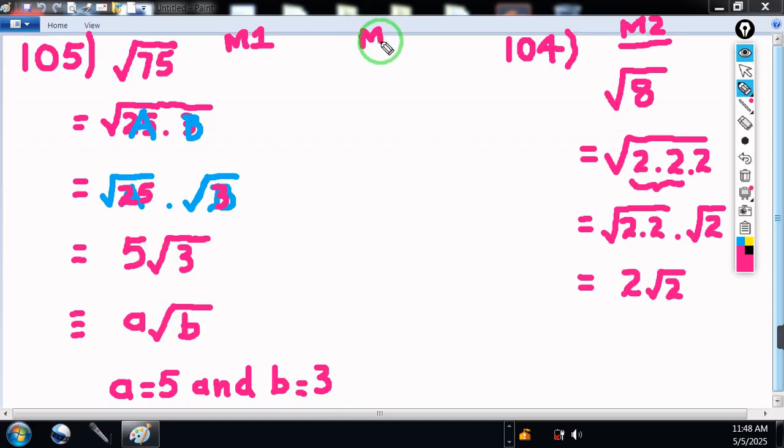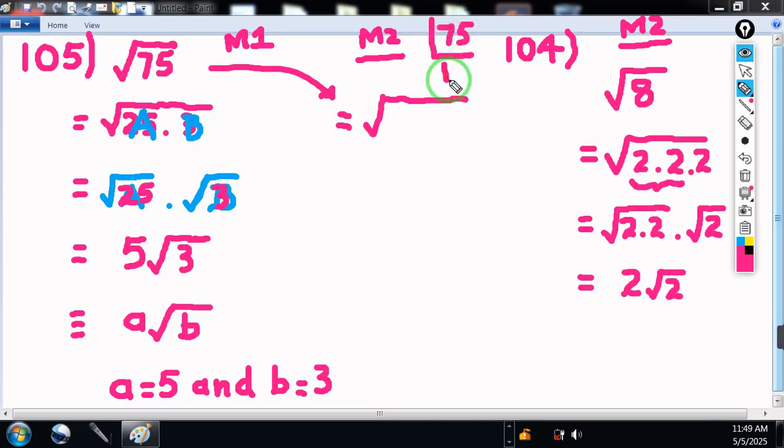Method 2, we will still do, is get to the component of it. The smallest unit, so to speak. Again, this you write back: root 75 is equal to root of 75. Many students will be trigger happy. They keep on writing this. Don't do so many times.